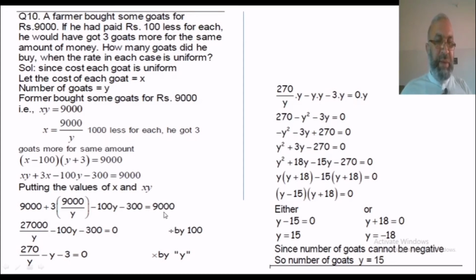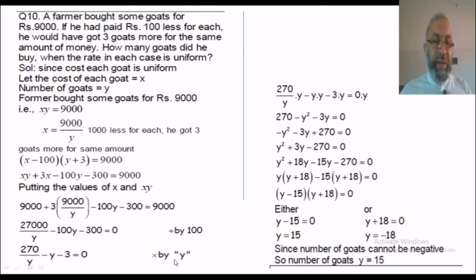Simplifying, 9000 cancels with 9000, so 9000 minus 9000 becomes 0. We get 27000 by y minus 100y minus 300 equal to 0. 100 is common, so divide both sides by 100. We get 270 by y minus y minus 3 equal to 0.